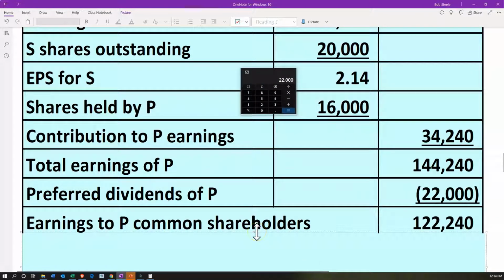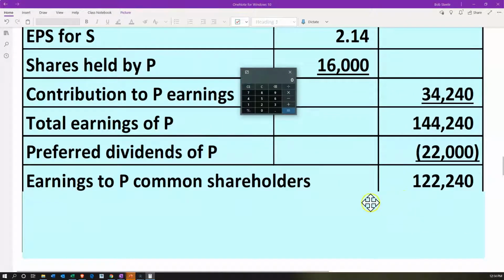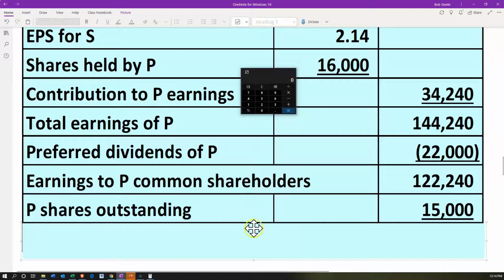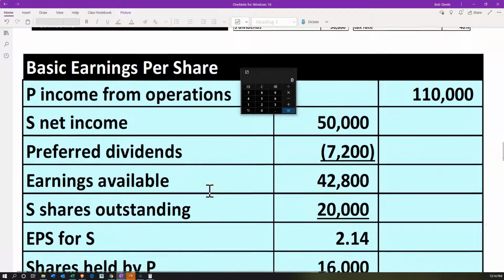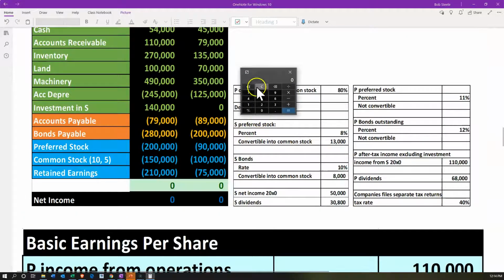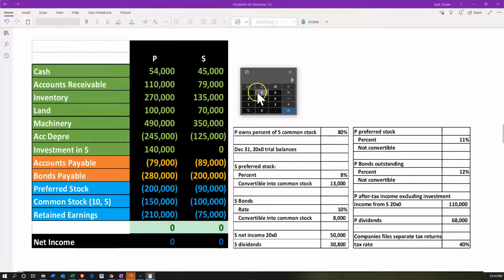And then we have the earnings to P common shareholders, which is going to be the 144,240 minus the 22,000, giving us the 122,240. Then we want to see P's shares that are outstanding. How many shares does P have outstanding now? We're going to say, all right, the common stock for P is 150,000, and they have the $10 par.